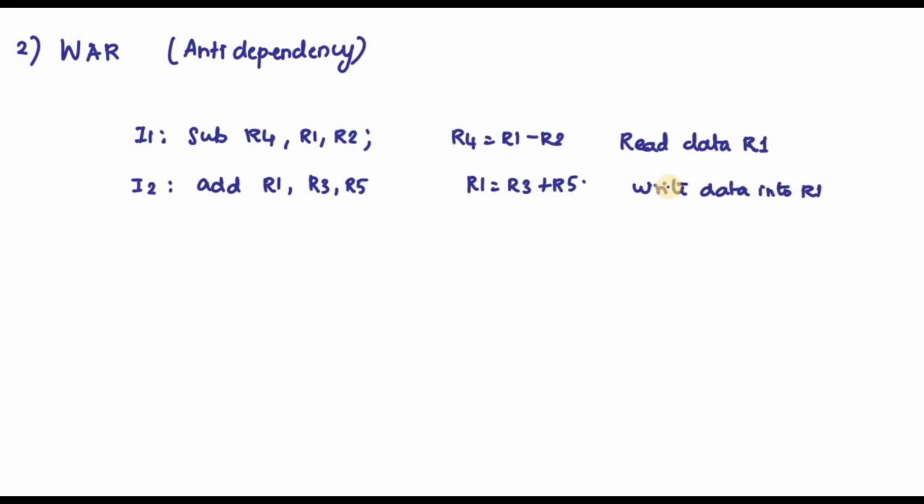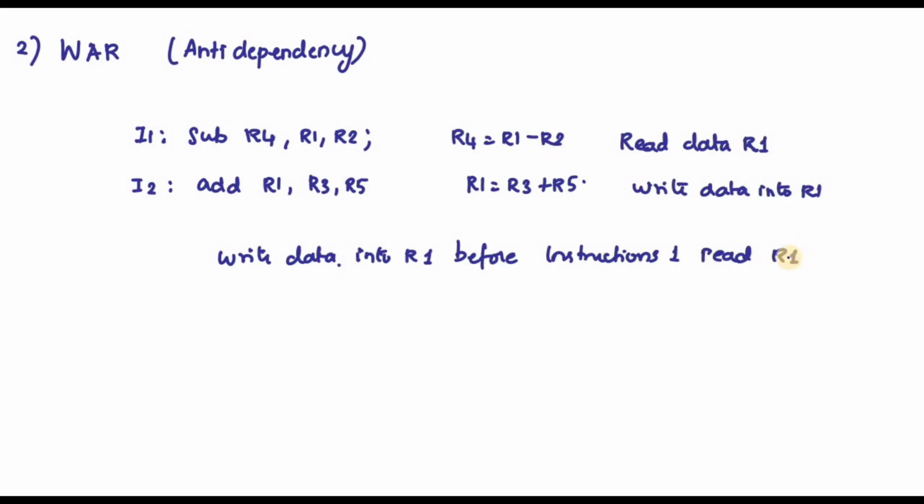So what will happen if the second instruction executes first? It will write the data into R1 before instruction 1 reads R1. So this will cause a hazard.